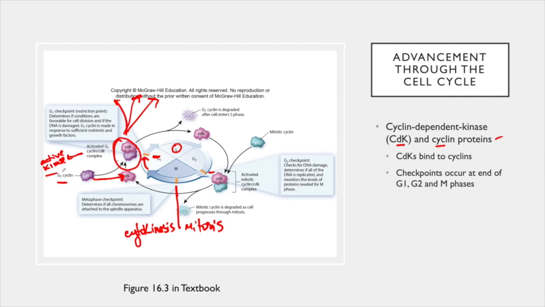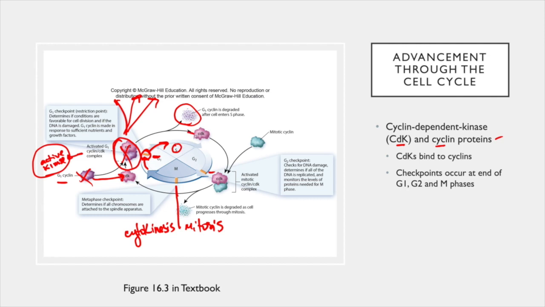When this concentration gets high enough, then we can pass this checkpoint and move into that S phase. Once the cell enters the S phase, the G1 cyclin will be degraded and broken down so that this complex will fall apart, and the cell will no longer be producing any of it because it's in DNA replication.